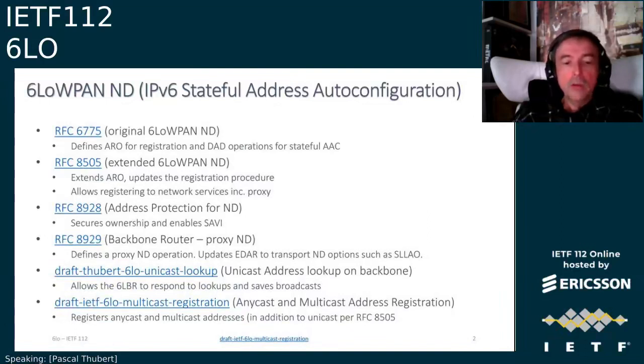And we have 8929, which specifies how to proxy neighbor discovery when you have a network where legacy ND and 8505 coexist. The most classical example being 8505 on the wireless and 8929 on the wire, but it can be any other composition of network.